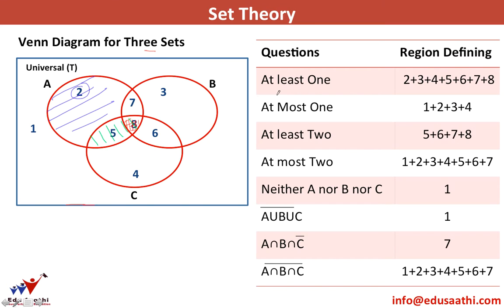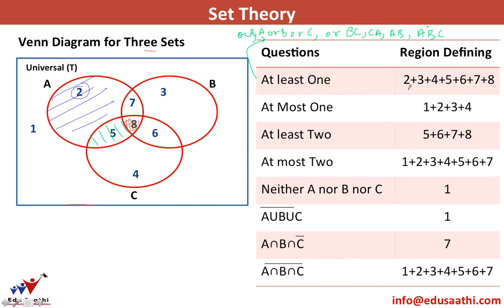Let's look at the questions here. Number of elements which are there in at least one of the sets. So at least one of the sets means either in set A or in set B or in set C, or in both B and C, in both C and A, in both A and B, or in all the three sets A, B, C. Mind you, here A or B or C means only A, only B, only C. This means only BC, only CA, and only AB, and this means only ABC.